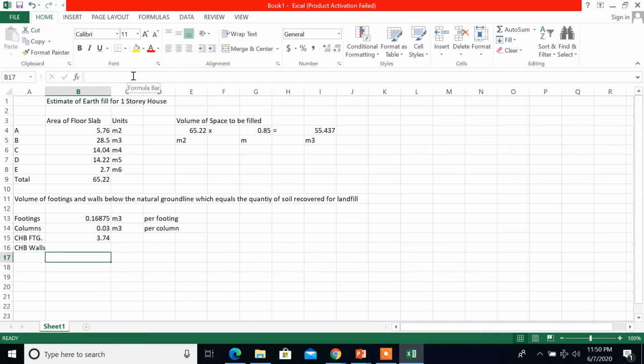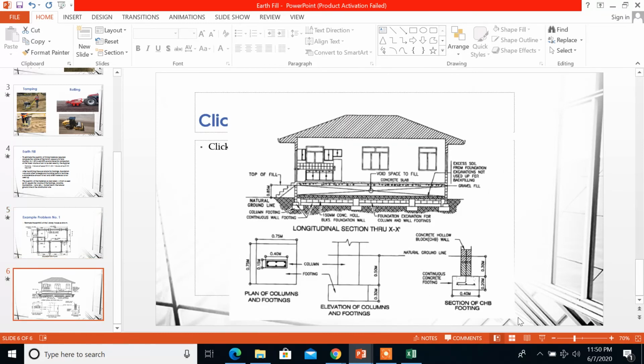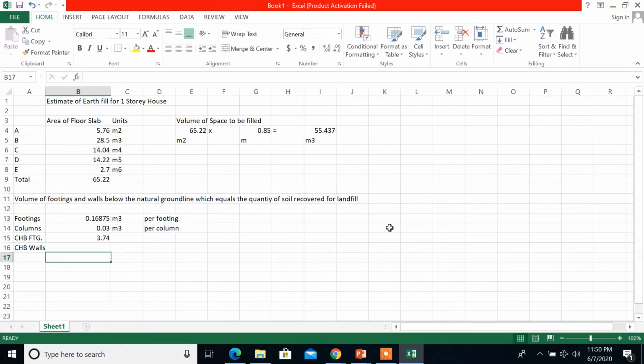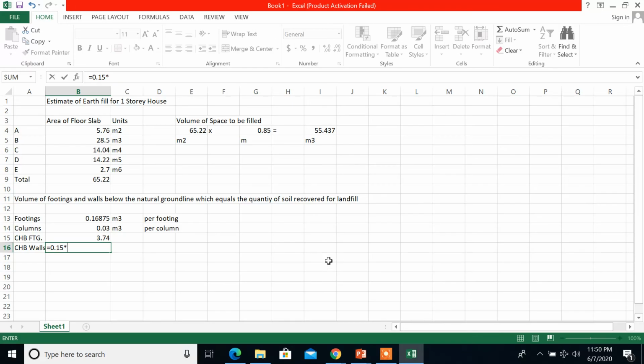Then next, for the CHB walls, size of CHB walls based from the problem, thickness of concrete hollow blocks is 0.15. So ito yan. So 0.15 times, the height from the natural ground line is 0.3 times the length.